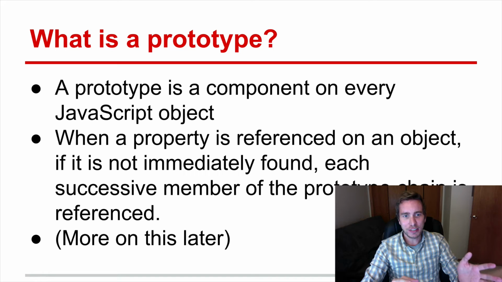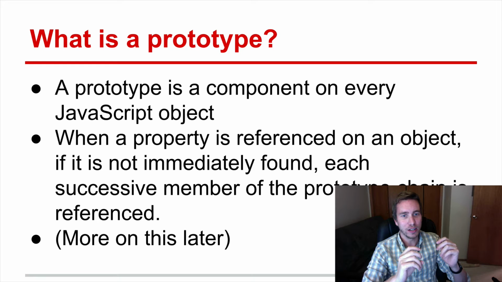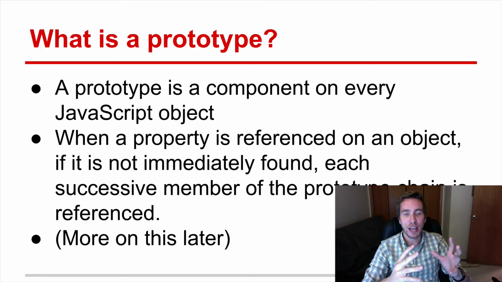JavaScript has certain primitives, numbers and strings. If it's not a primitive, it's an object, and everything is an object. And then there's certain special objects like functions, and every single object has a prototype on it. So in like the big object has things like toString on it, right?